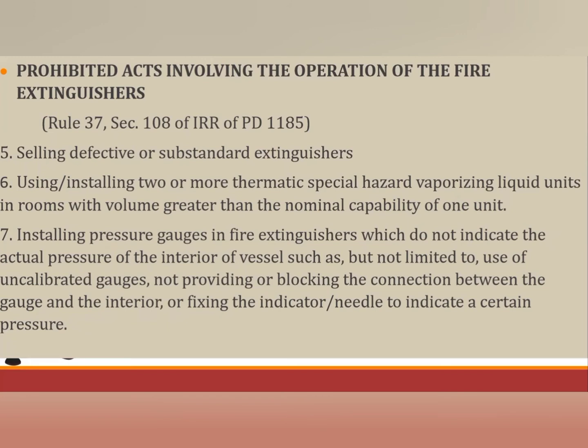And the last one, installing pressure gauges on fire extinguishers which do not indicate the actual pressure of the interior of vessels, such as, but not limited to, use of uncalibrated gauges, not providing or blocking the connection between the gauge and the interior, or fixing the indicator or needle to indicate a certain pressure.